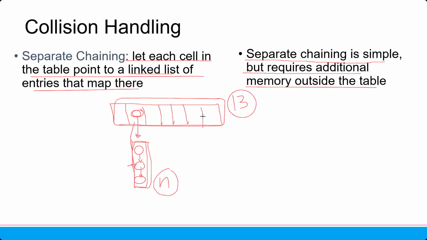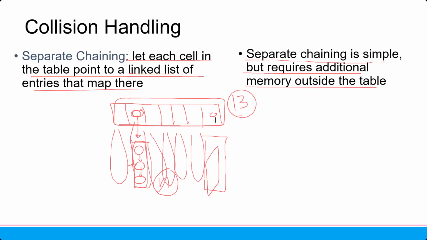If not all of them have n, the maximum will be 13 plus n. But if every cell has a list, then it is the multiplication 13 multiplied by n, which is the worst case.